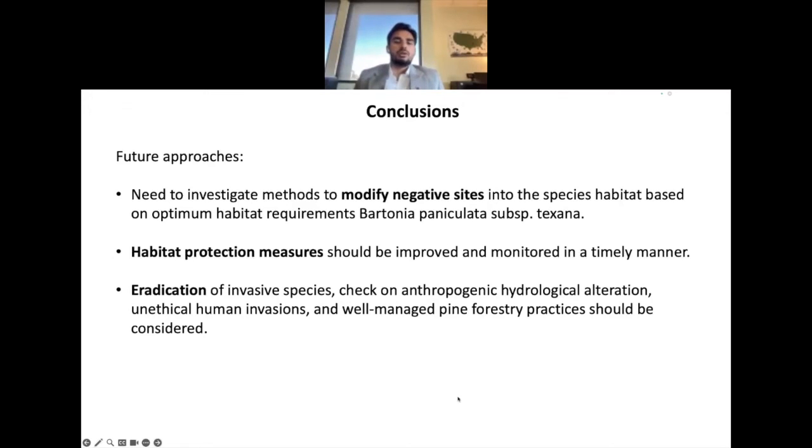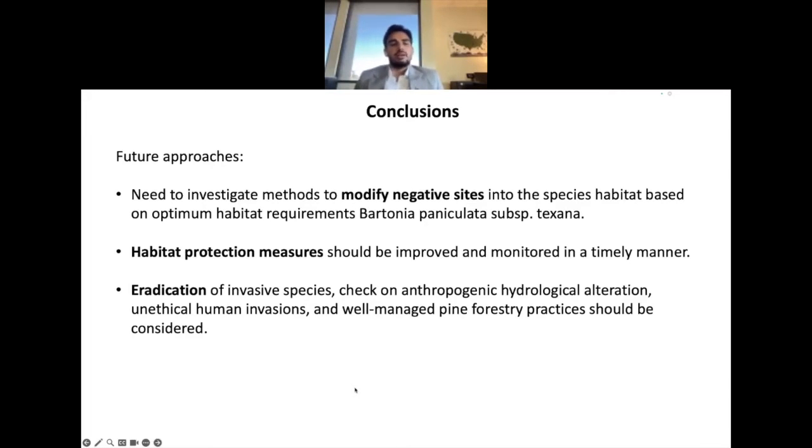And we need to investigate methods to modify these negative sites into positive sites based on the species requirements that we mentioned in our study, and how the presence and absence sites are different. So these parameters could be used to modify the negative sites.